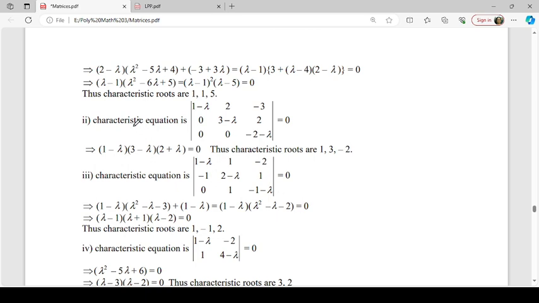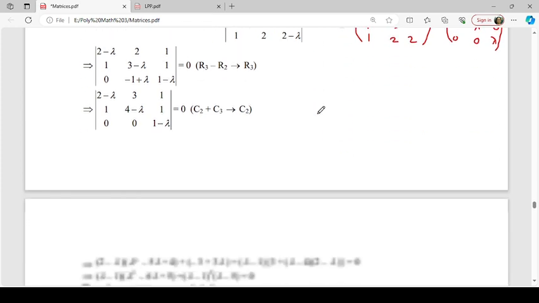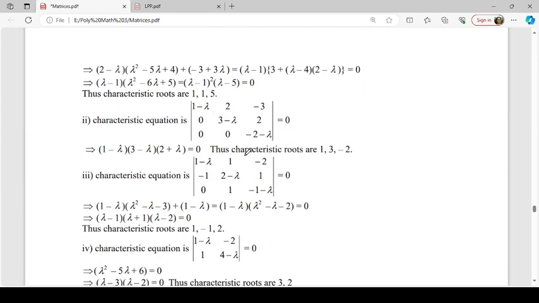Then the characteristic equation of this matrix: these are 0, so it is very simple to simplify. Only the diagonal elements will come. It is already factorized. So the roots are 1, 3 and minus 2.